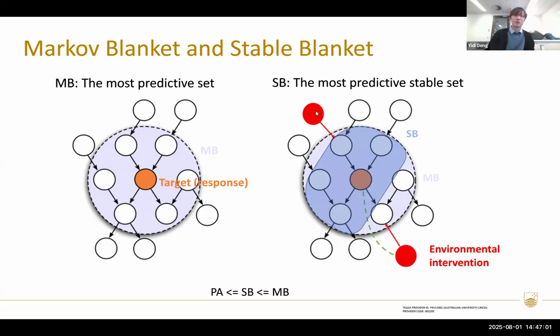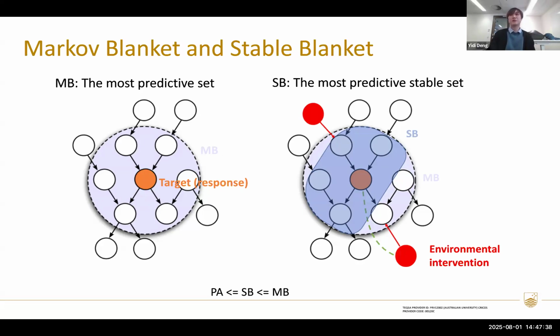But this is not the problem with the causal parents of the response, because when conditioning on the parents, it will just block the information flow from the causal parents to the response. So that involves a little bit of causal reasoning. Just imagine that here you have two parents because they're all influencing these children. If you know the genetic information of the children, then you will kind of associate the genetic information between the parents together. So that's the intuition here.